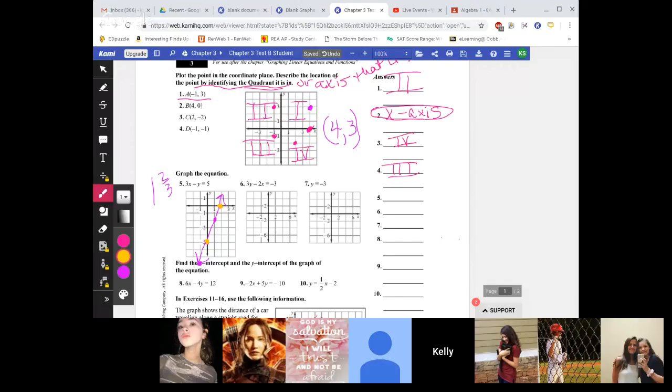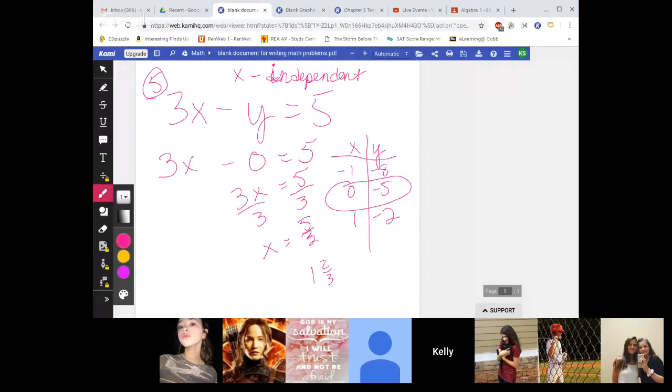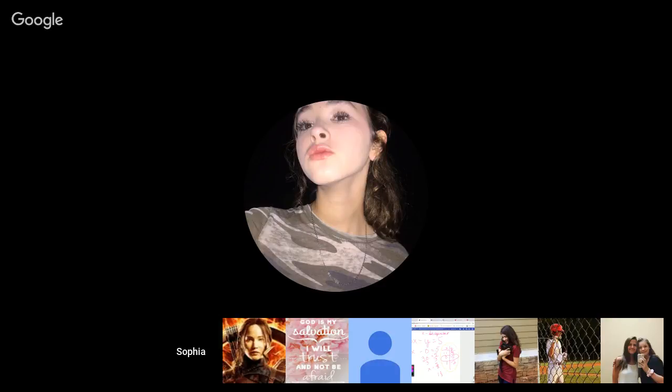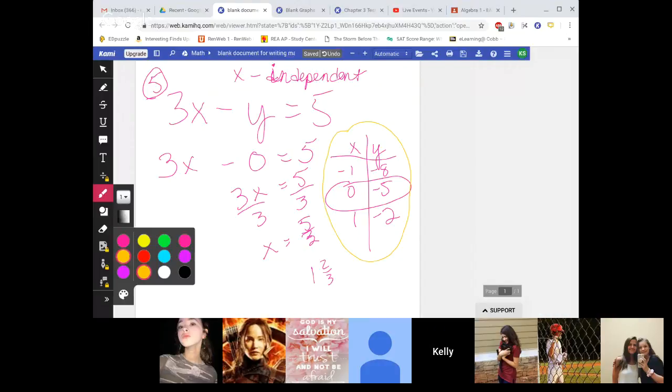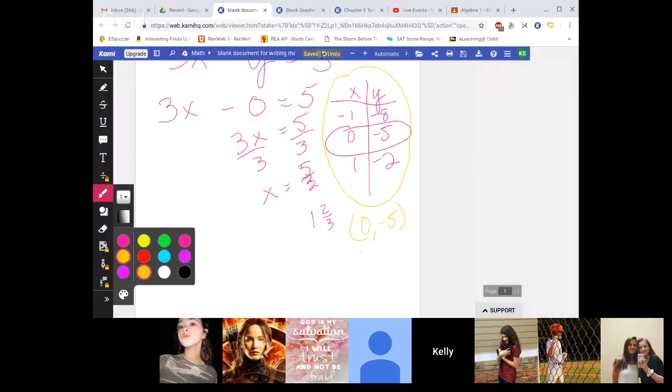So you can see, because I'm using that same equation, I did the x and y table. And then I did the x and y intercepts. Do you think you're going to do a table?